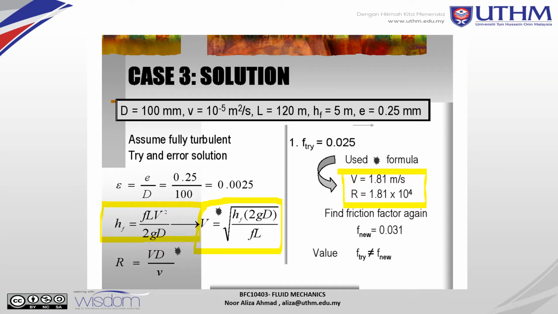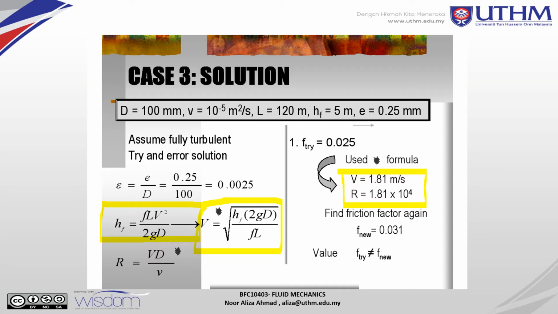Use this formula for velocity: you just put in the F trial, F, L, 2G, D, and you find the HF. So we get the velocity 1.81 meter per second, and the Reynolds number 1.81 times 10 to the power of 4.